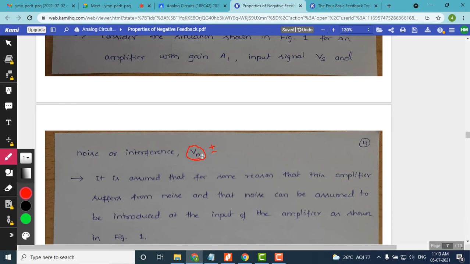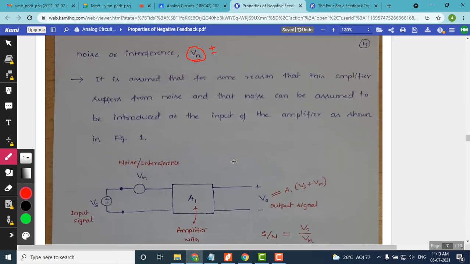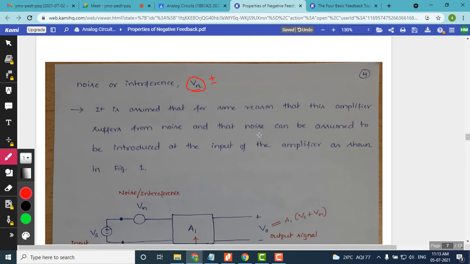This is the assumption we make: for some reason the amplifier suffers from noise. I told you the sources of noise. It may be from an active device such as a BJT, or from passive devices also. Let us assume there is some noise in the amplifier circuit, that it already exists, and that it can be assumed to be introduced at the input of the amplifier.